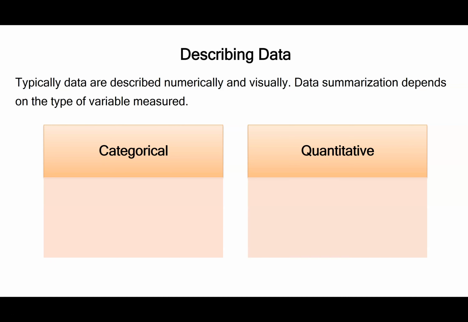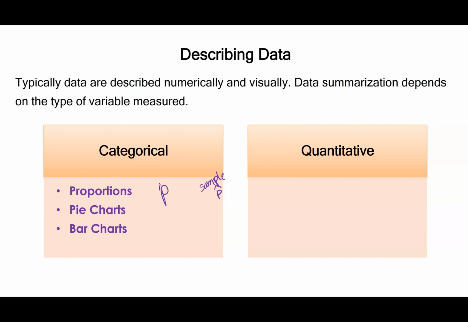Once we have our variables and we know whether it's quantitative or categorical, then we can talk about what type of plots we would use. For categorical, we are interested in summarizing with proportions. So typically p, and if you have more than one group, p1 and p2. If you have a sample, you would use p hat. But remember, if there's a hat, it means it's related to your sample.